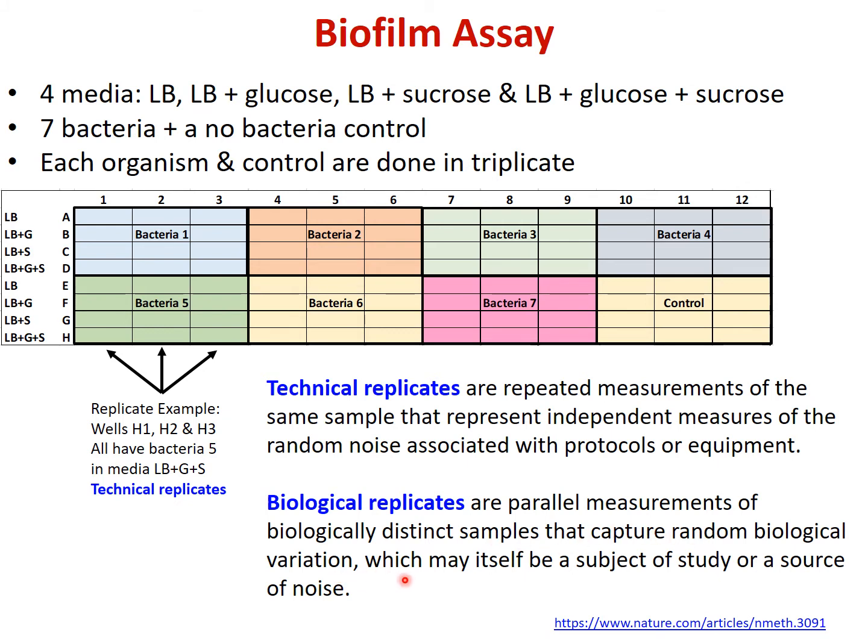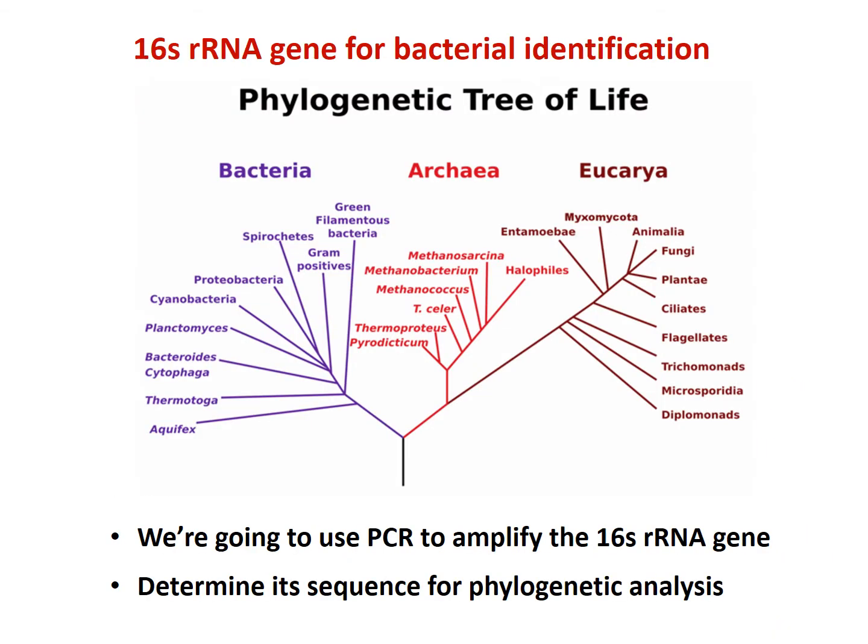They are parallel measurements of biologically distinct samples that capture random biological variation, which may itself be a subject of study or a source of noise. So we could have set this up where we take bacteria 1 and just do that 4 times, and bacteria 5 here and do it 4 times, but we're not. Okay.